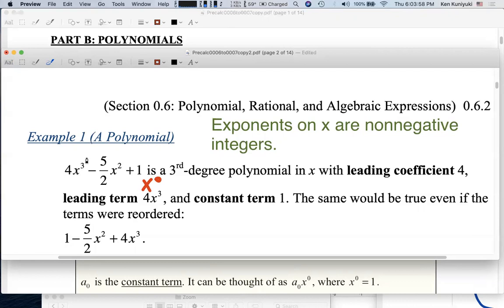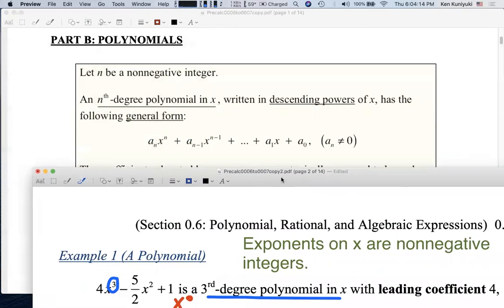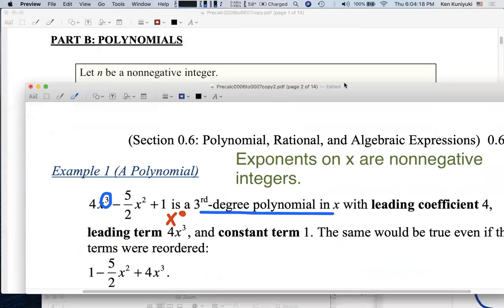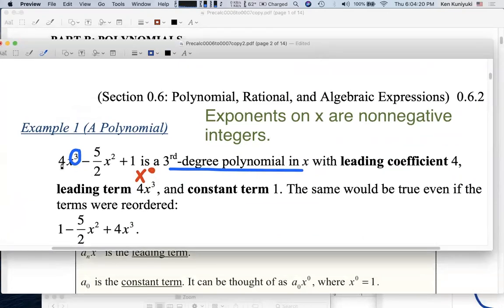The highest exponent on x is the degree, assuming the polynomial is written in this descending powers form, which I indicate over here. As it stands, the highest exponent on x indicates that's a third degree polynomial.